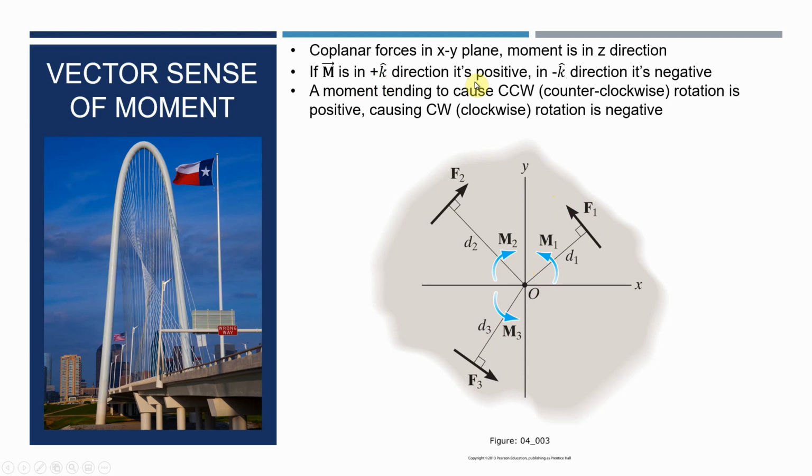It's in the positive Z direction. If it's clockwise, it's negative. And a lot of times people won't use the vector description of moments. If they're in a single plane, like an XY plane, they'll just use clockwise and counterclockwise. Counterclockwise is positive, clockwise is negative.